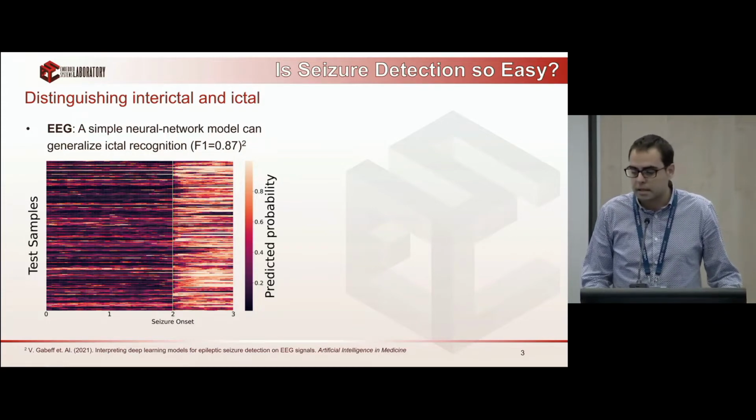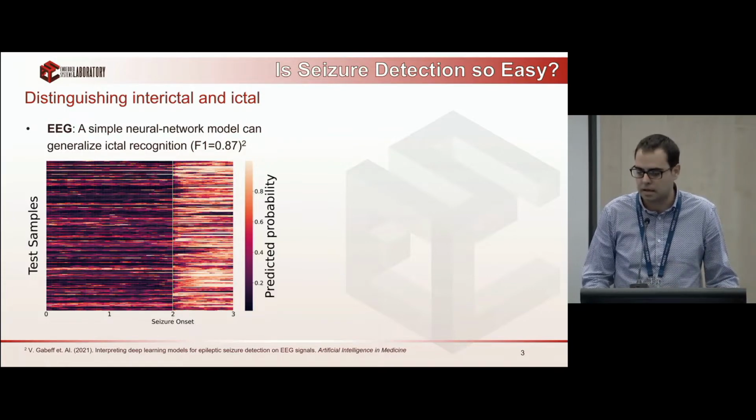So we can see that actually the network is quite proficient at recognizing the ictal segments. Indeed, the F1 score was 0.87. And there was nothing special with this network. It was a general model, and everything was plain machine learning.